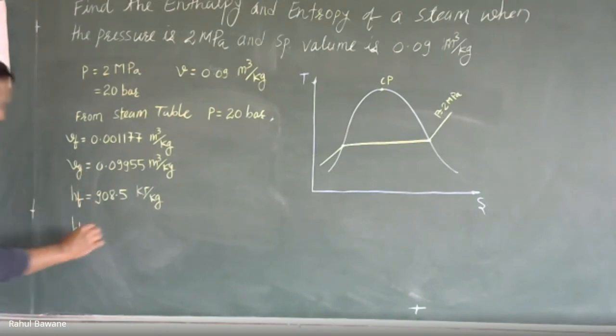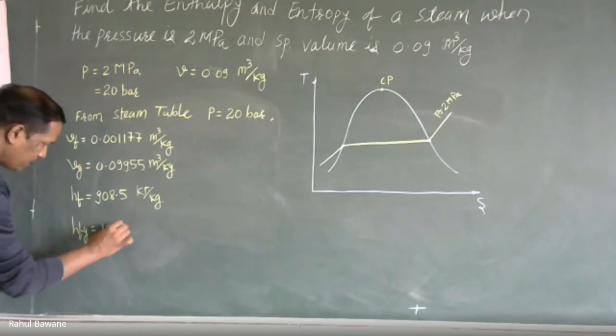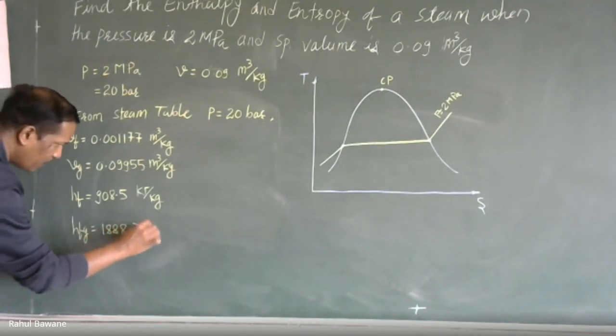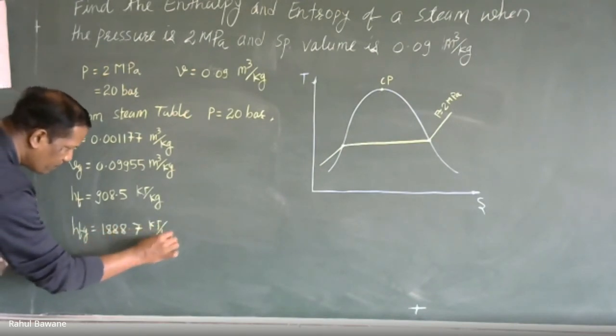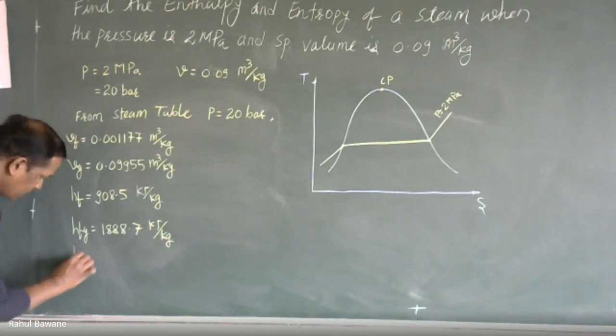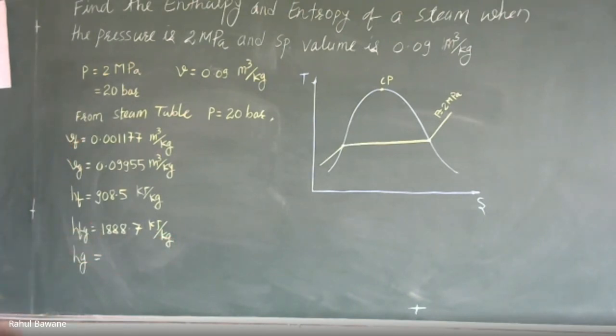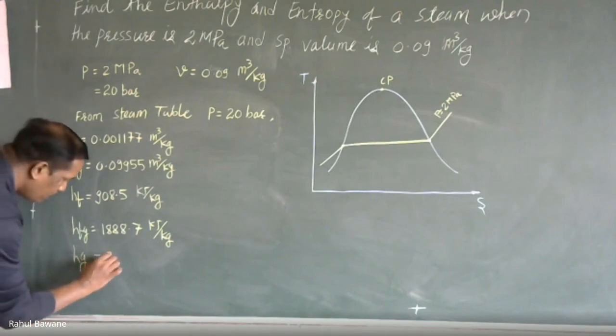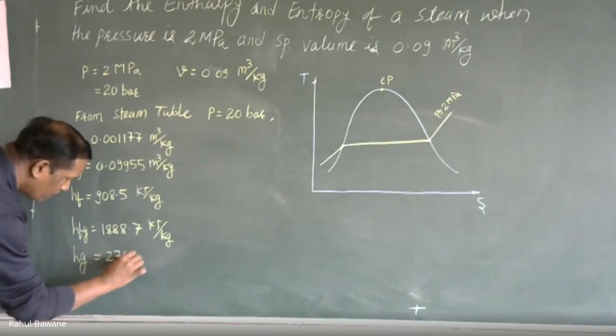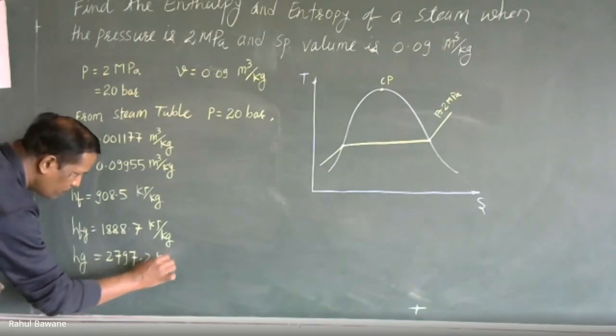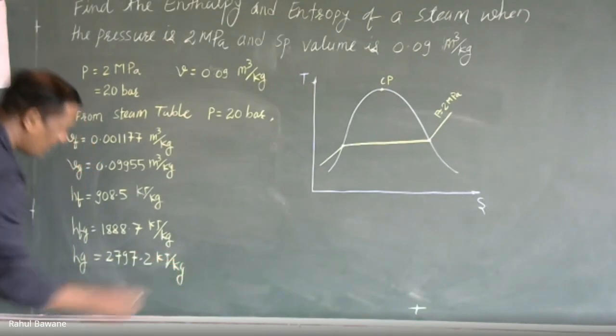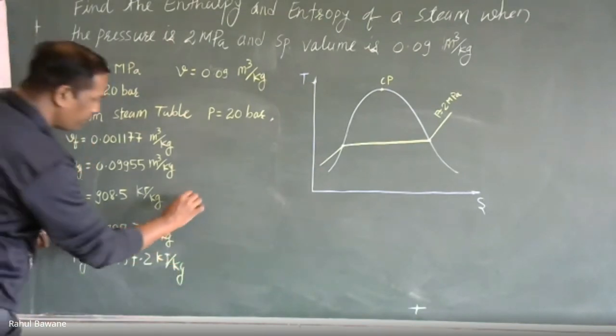HFG has a value of 1888.7 kilojoule per kg, and HG is 2797.2 kilojoule per kg. Now the corresponding entropy values.